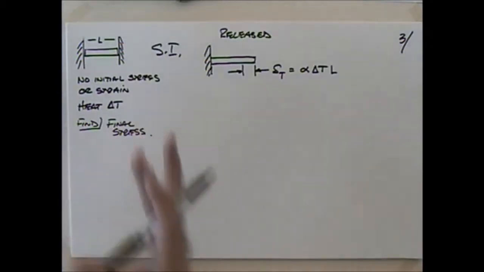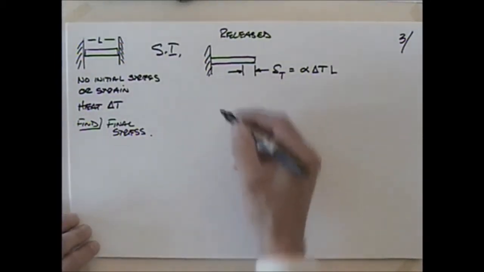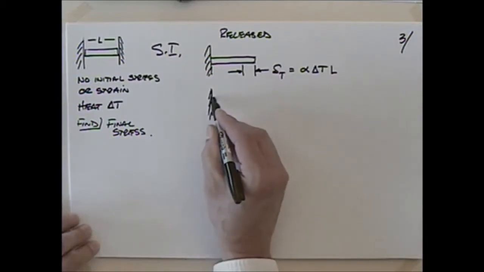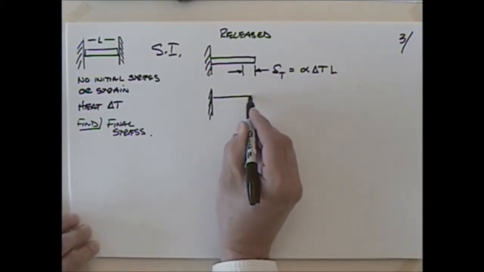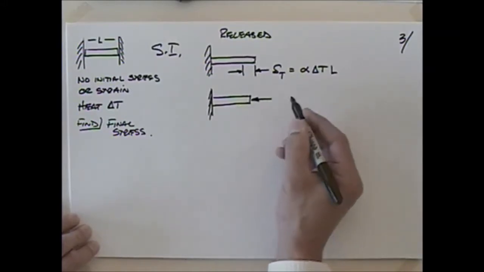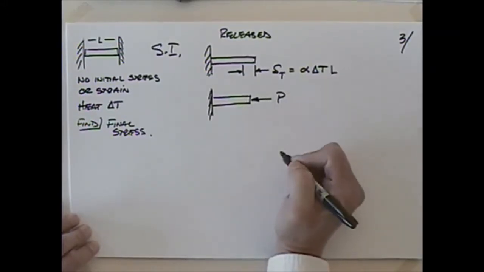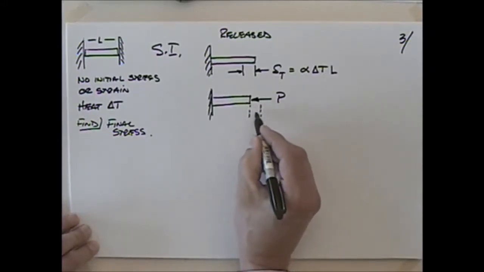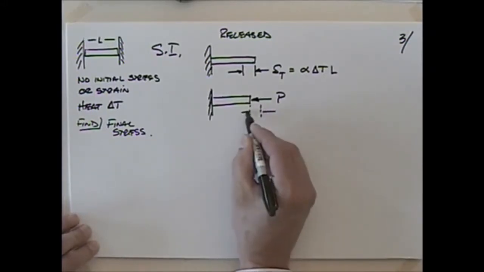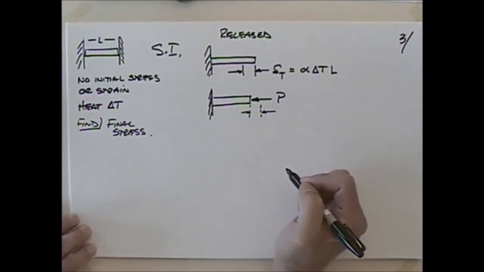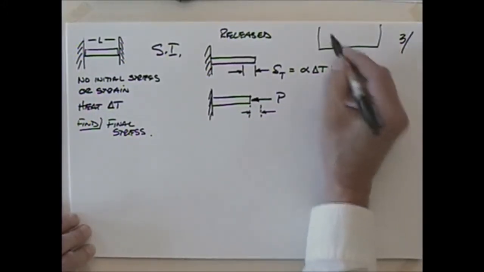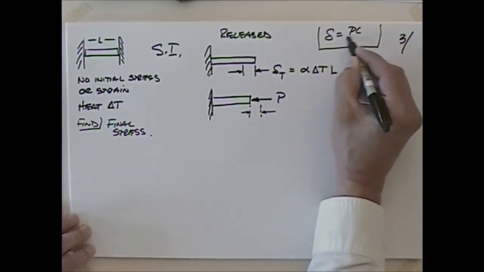But we said it's not allowed to do that. The reason it's not allowed to do that is you have a force pushing back on it. And that force pushing back on it, we could talk about some force P, and it's compressed this distance here, which is going to be equal to what? Remember our old friend in general up here, delta is equal to PL over AE.